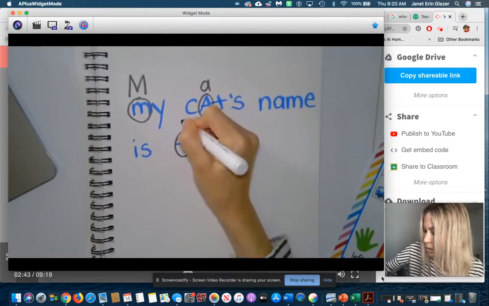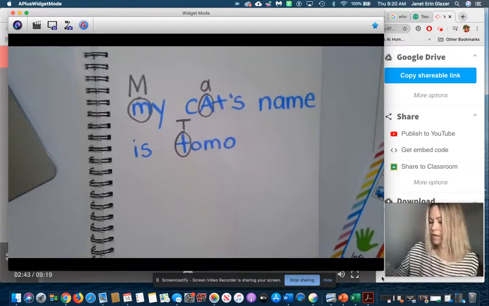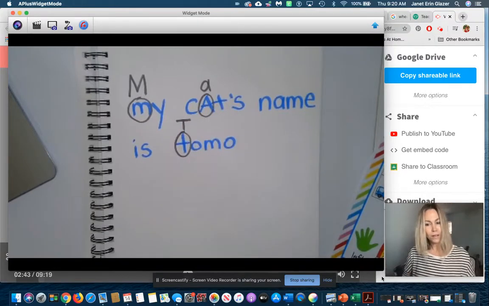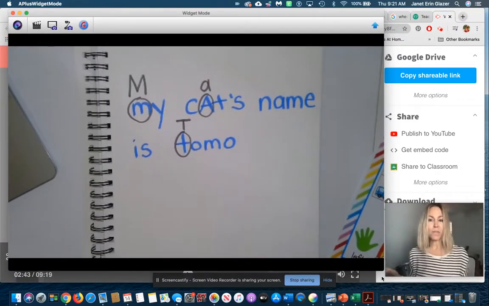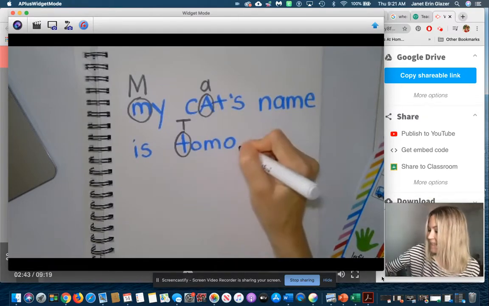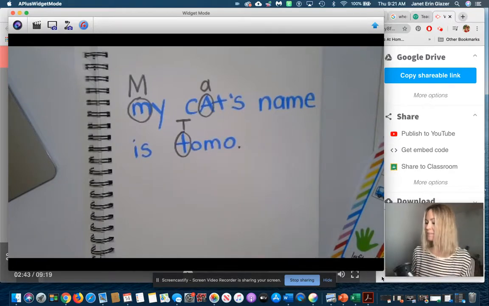So I'm going to circle that and give him the capital letter that he deserves in the front of his name. All right, my cat's name is Tomo. There's only one more thing missing, and it's not a capitalization error. You got it. It's the period at the end of the sentence. Now that sentence is complete.